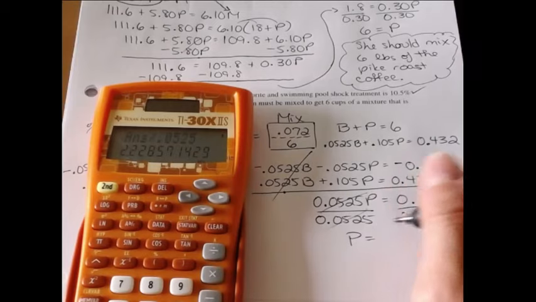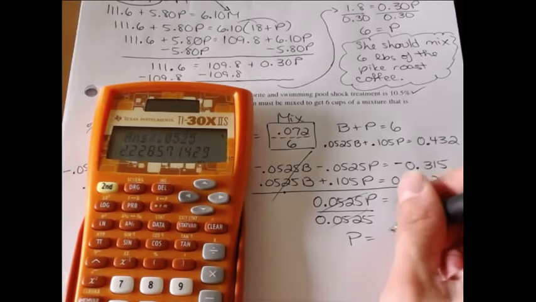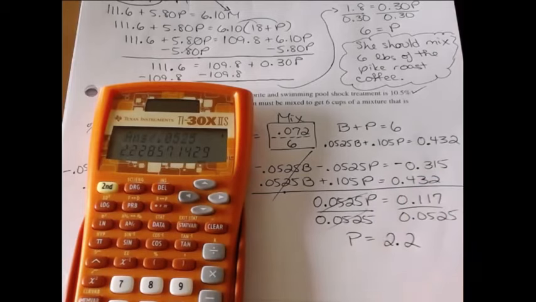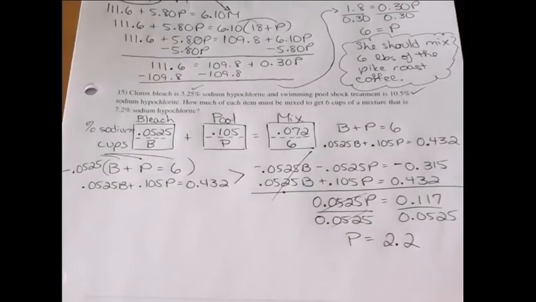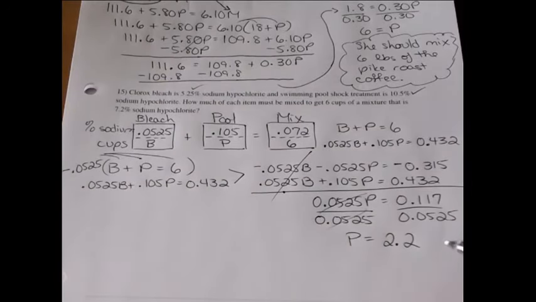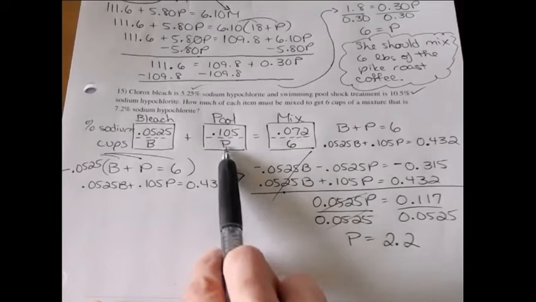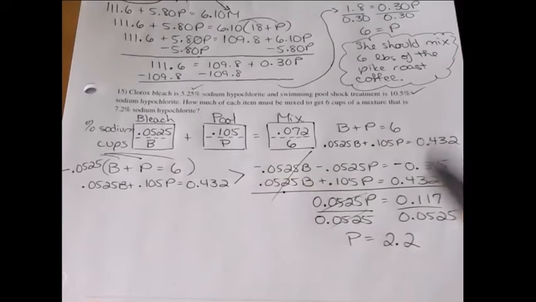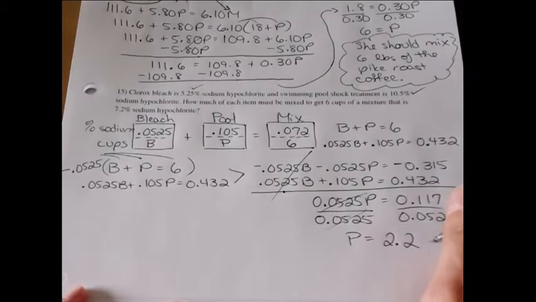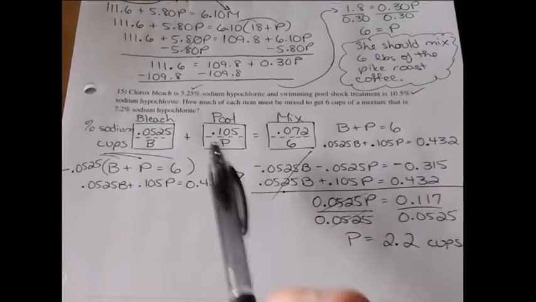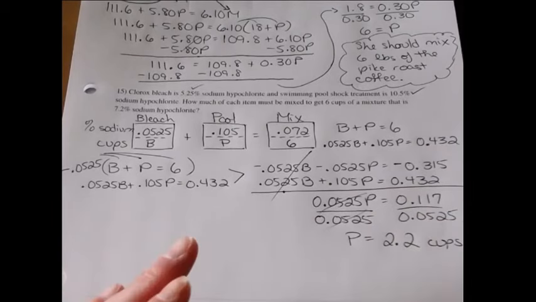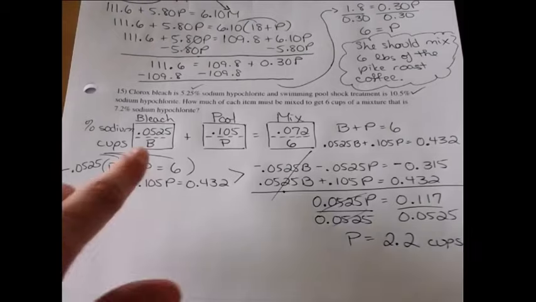Awesome. If we round to the nearest tenths, we'll write down that P is 2.2. So that's rounding to the nearest tenths place, one digit after the decimal. Now let's look at where P is. P is here under pool shock treatment, and P refers to the number of cups. So we know that there's 2.2 cups of the pool shock treatment. What we want to find out is how many cups of bleach.